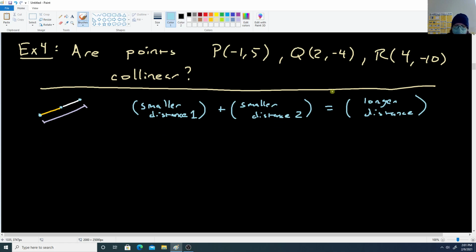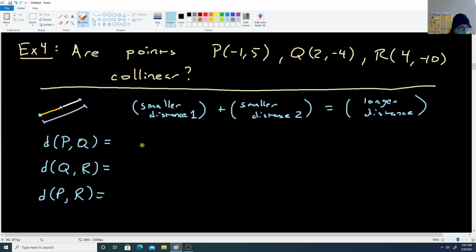We'll add them together and compare it to the longer distance, and if the sum of the 2 smaller distances is the longer distance, then they're collinear. If it's something else, then they're not. So we're going to look at the distance between P and Q, the distance between Q and R, and the distance between P and R. So these will be our problems.